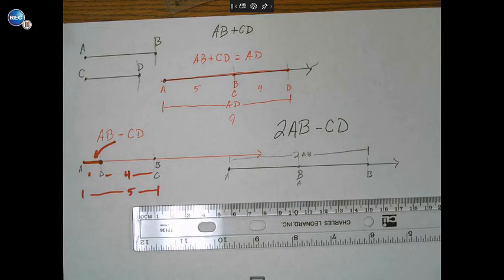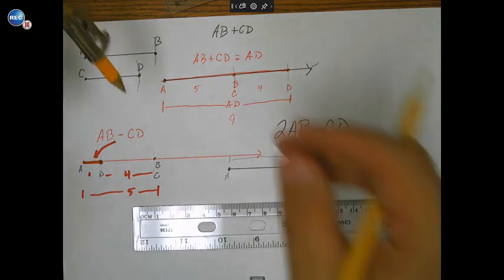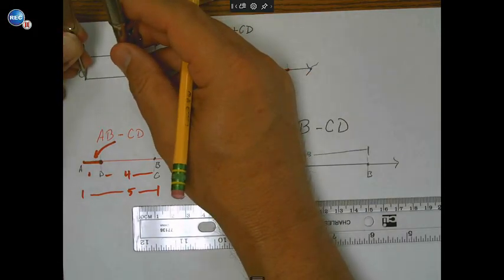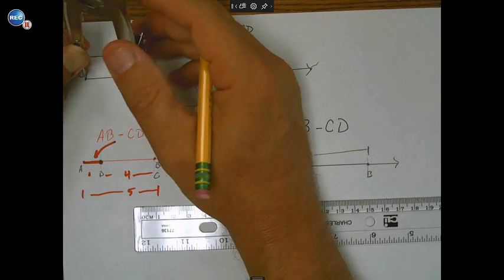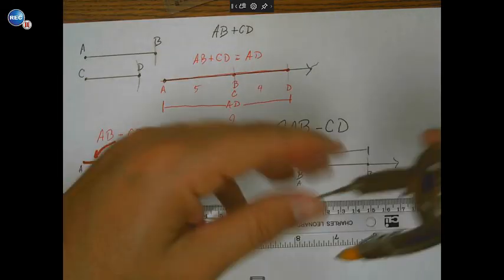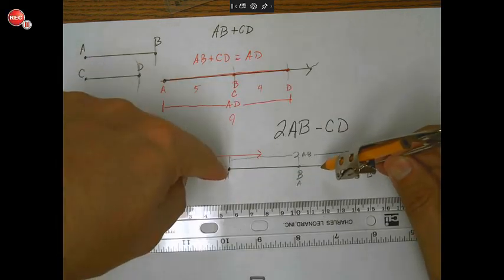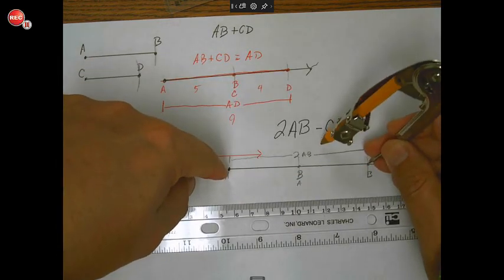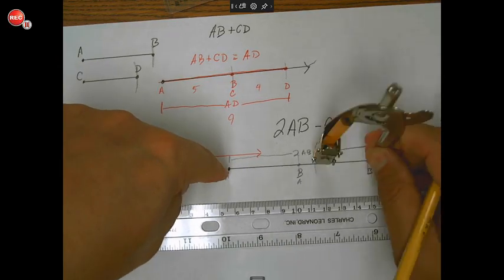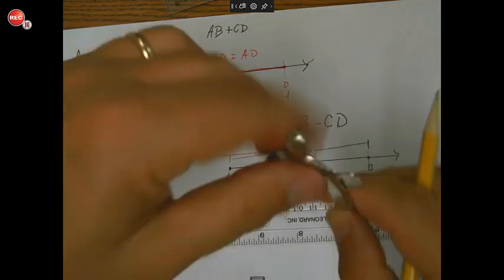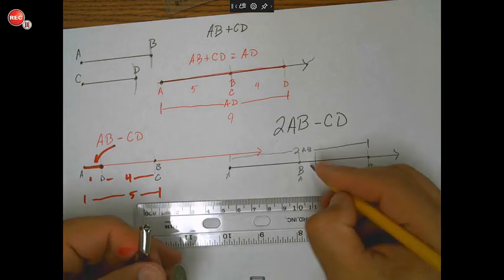Now I got to subtract away CD. I'm going to copy CD, and I'm going to go backwards. Could I start at A and take it away? Yeah, you can. I just like thinking of it backwards. Okay, so then that represents CD.